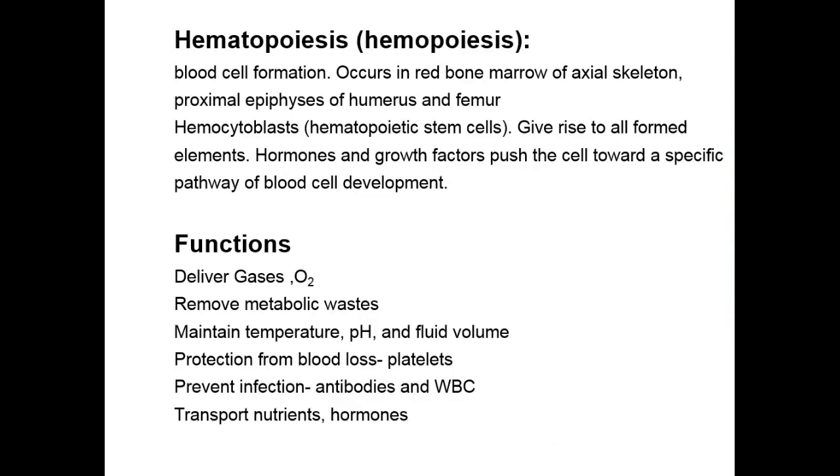And so the concept of blood creation, or the word that means blood cell formation, is hematopoiesis. This occurs in portions of the axial skeleton, in what we call the marrow. And hopefully you learned something about this in 141.